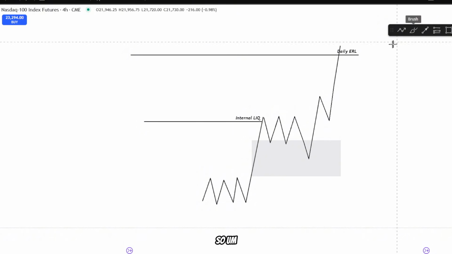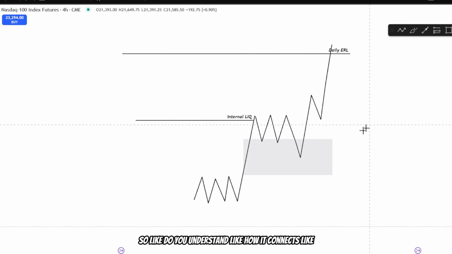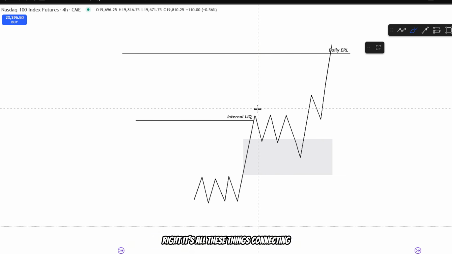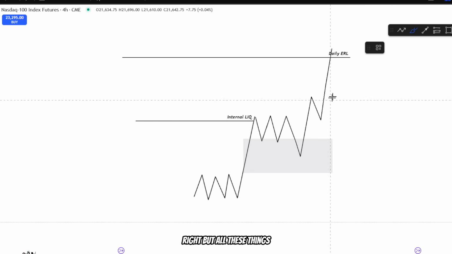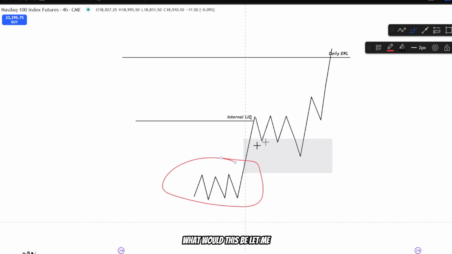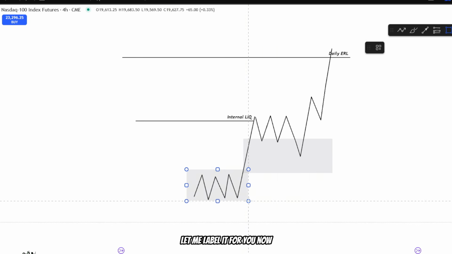So do you understand how it connects? Pretty much that's what a market maker model is. It's all these things connecting, but in a labeled manner. So what would this be? Let me label it for you now.